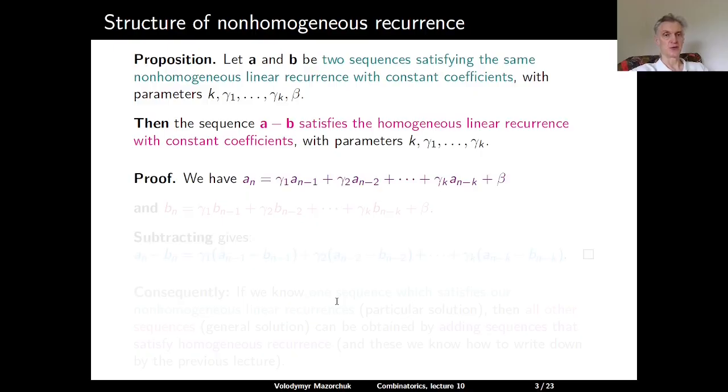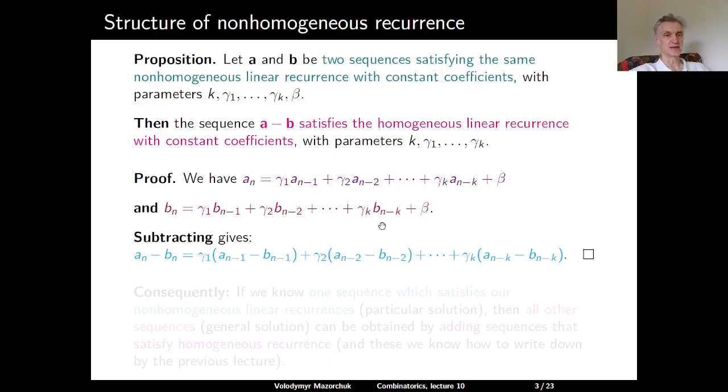Proof. Since a_n satisfies our non-homogeneous recurrence, a_n is equal to gamma 1 a_{n-1} plus and so on plus gamma k a_{n-k} plus beta. And similarly, b_n is equal to gamma 1 b_{n-1} plus and so on plus gamma k b_{n-k} plus beta.